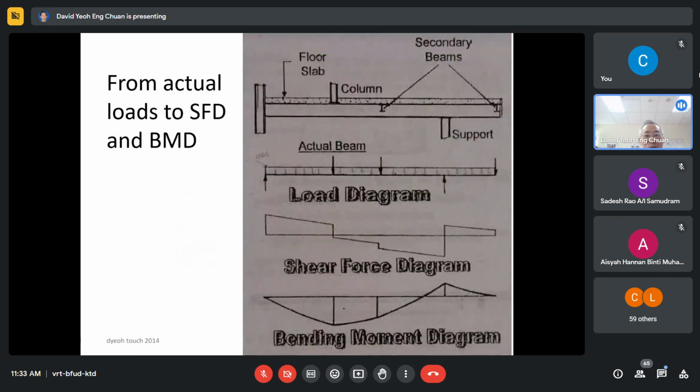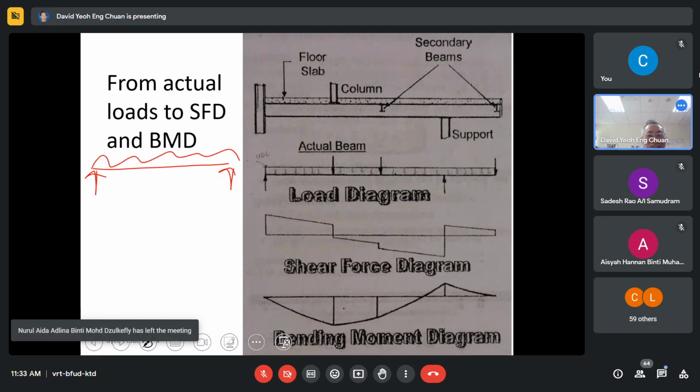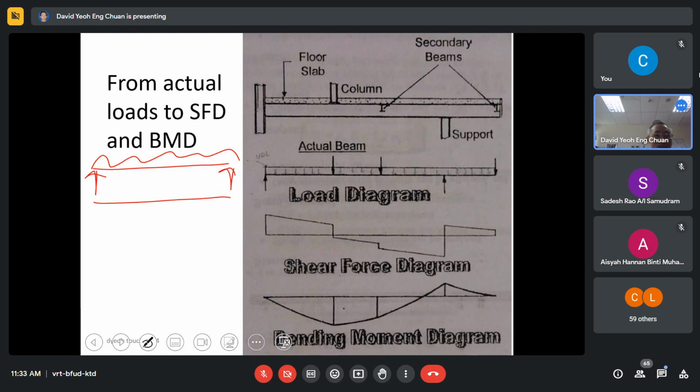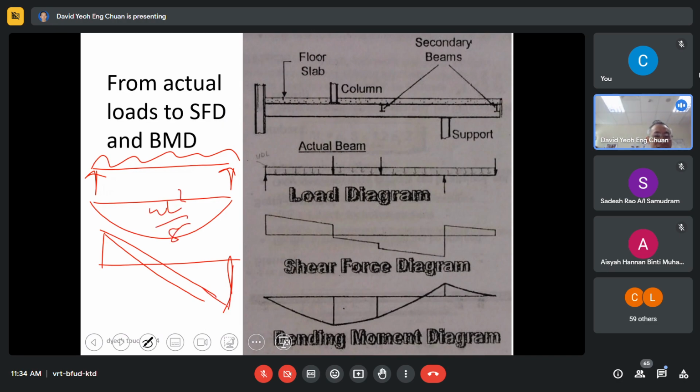Okay, so how do you transfer the loads? It does not normally become like this. Normally you have this, you can just draw it out. WL squared over 8, WL over 2, and so on.